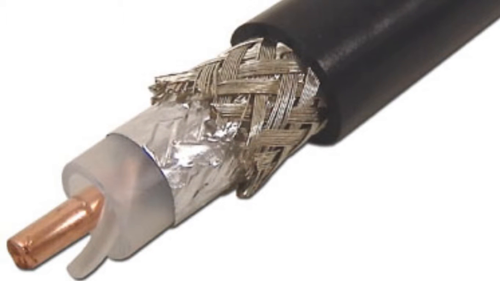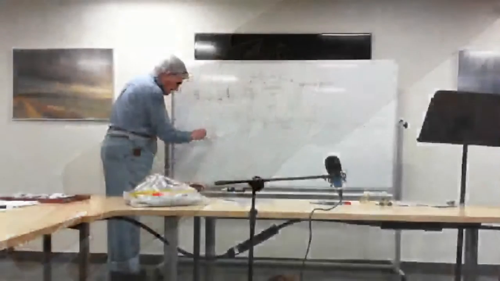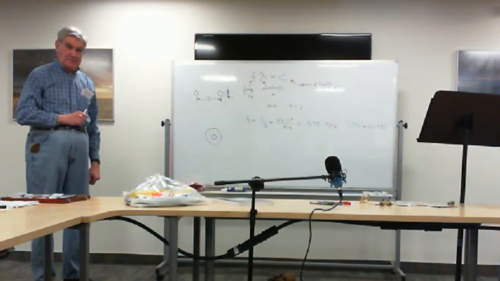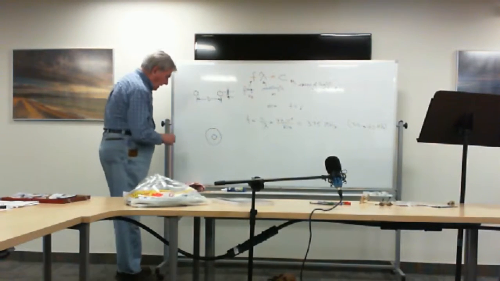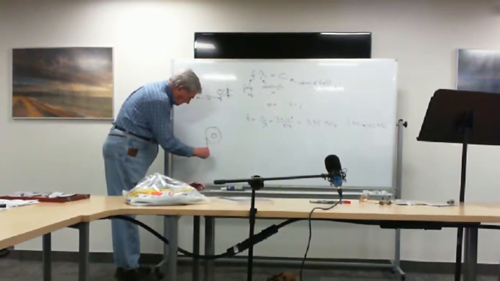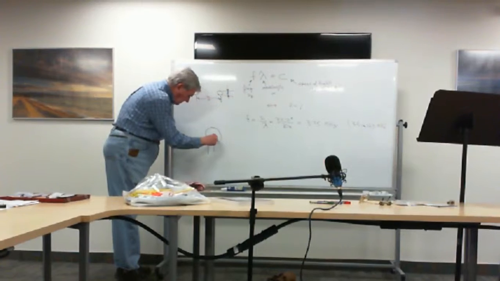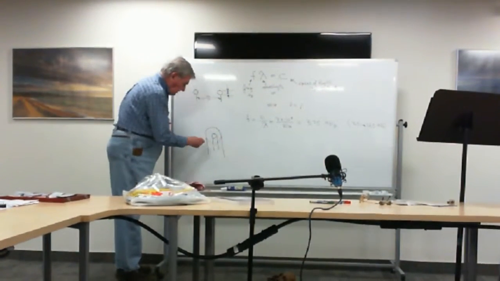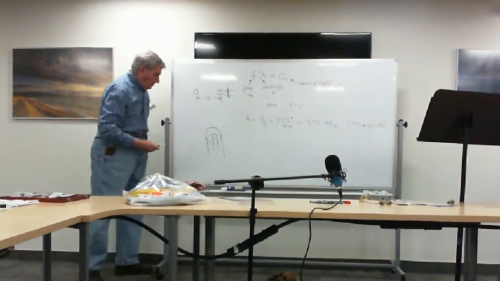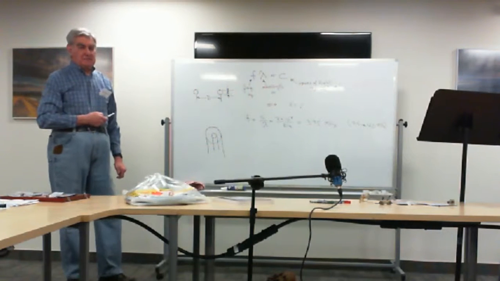We have a similar situation with coaxial cable as far as characteristic impedance goes, and of course they're perfect circles and they have the same center. The characteristic impedance, well, this is the inner conductor, and you've got a space here which may be filled with plastic.